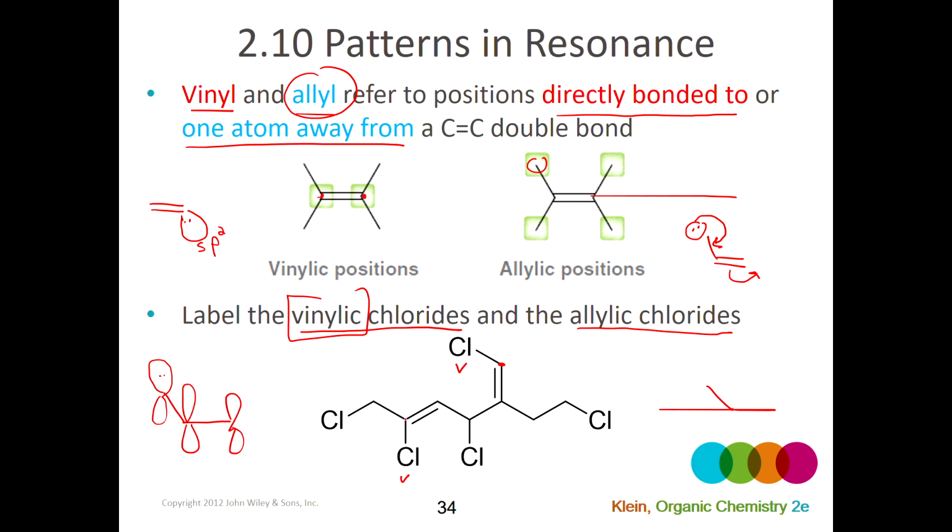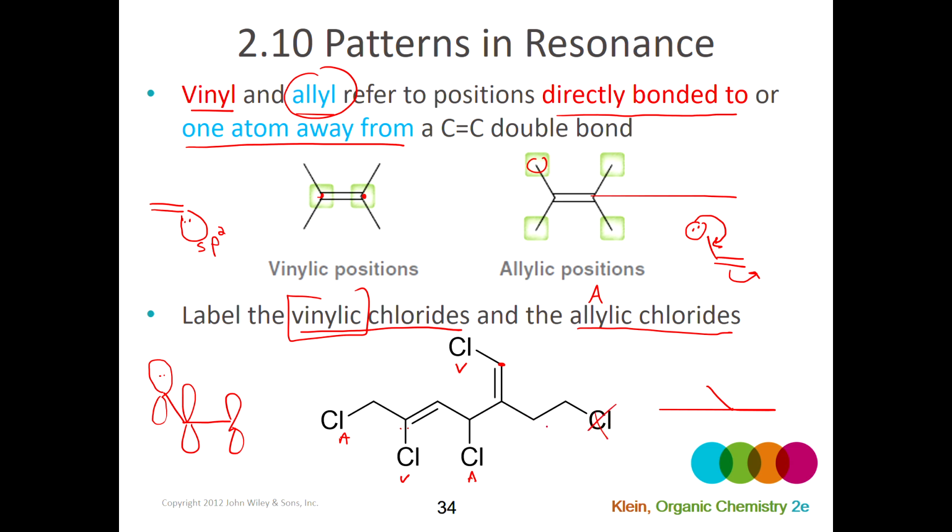Same thing here. If I had a lone pair here instead, that'd be a vinylic lone pair, because it would be right on the atom involved in the double bond, and the chlorine is on the same atom, so the chlorine is vinylic.